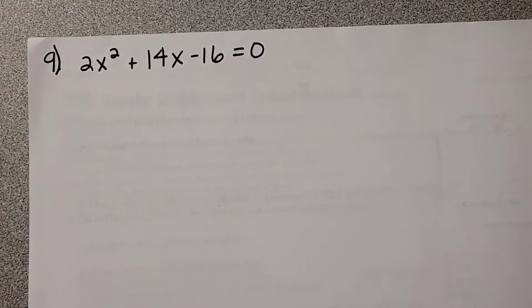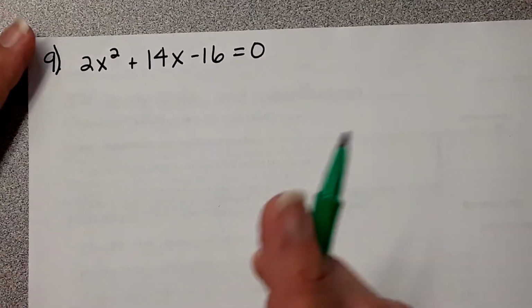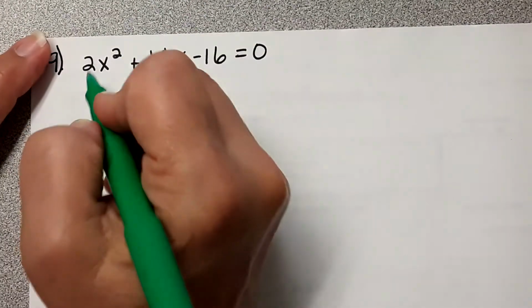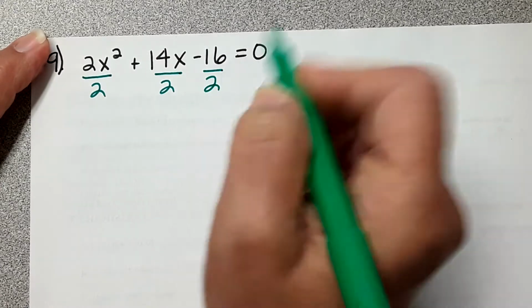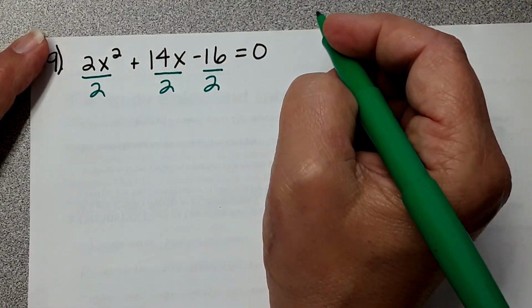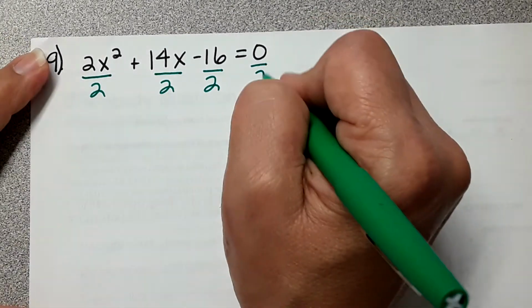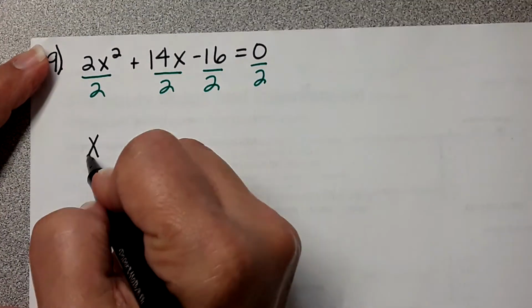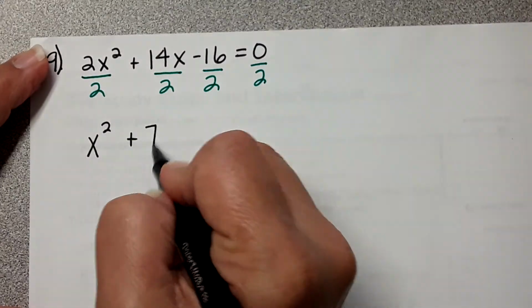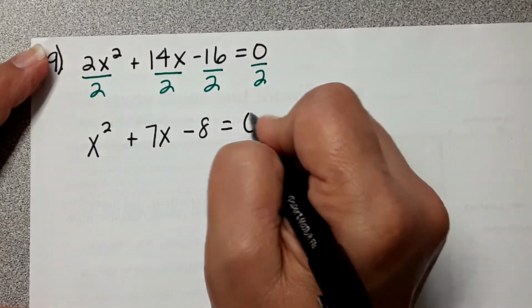Again, yesterday, what did we do? What did I have to do on this one? Divide by what? 2. So I'm going to divide everything by 2. Okay, so this becomes x squared plus 7x minus 8 equals 0.